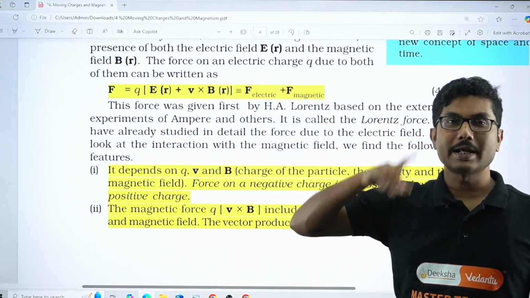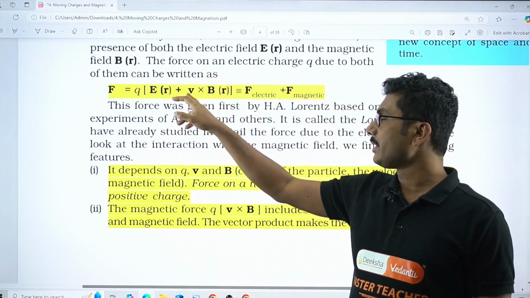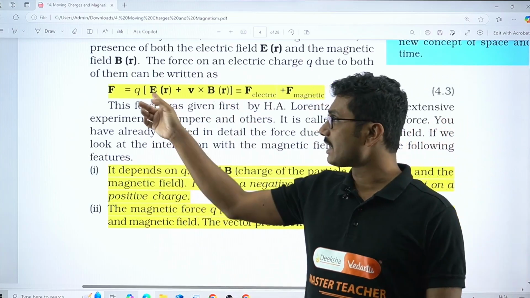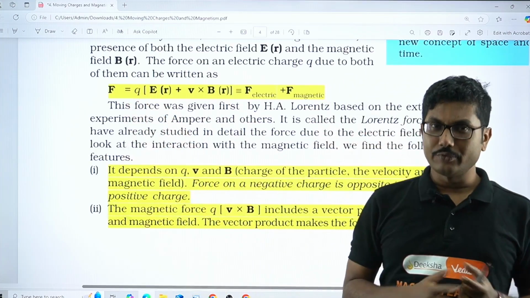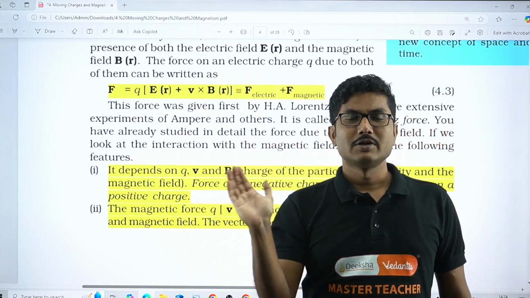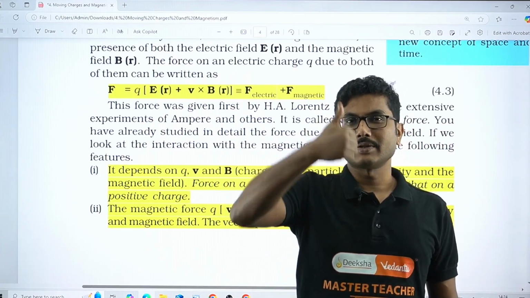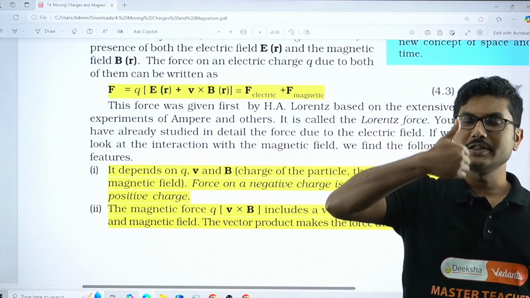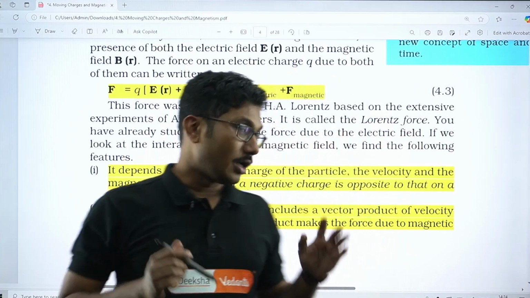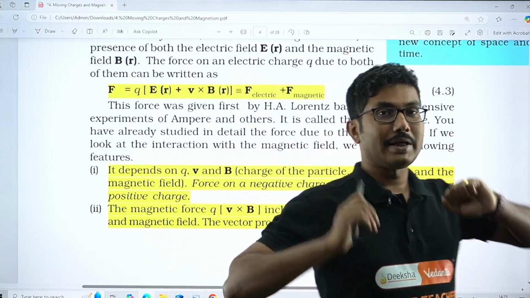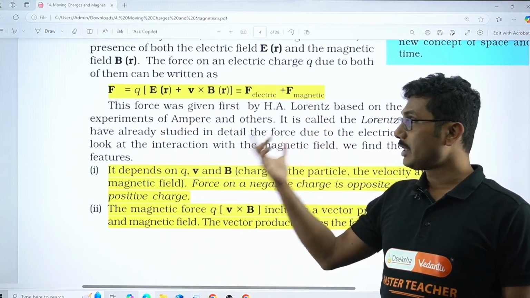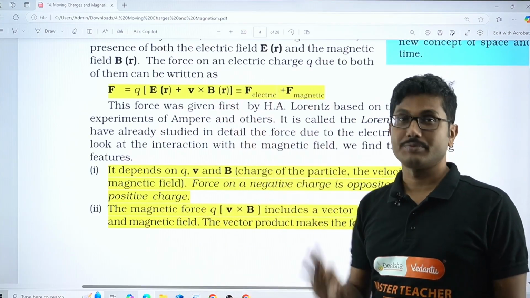Based on the directions of V and B, we can find the direction of the force. Suppose this is the direction of V, this is B, and V cross B gives this direction of force for a positive charge. Then for a negative charge the force will be in the opposite direction. The direction is slightly complicated, but not super complicated. You have to remember that the force on a negative charge is opposite to that of V cross B.